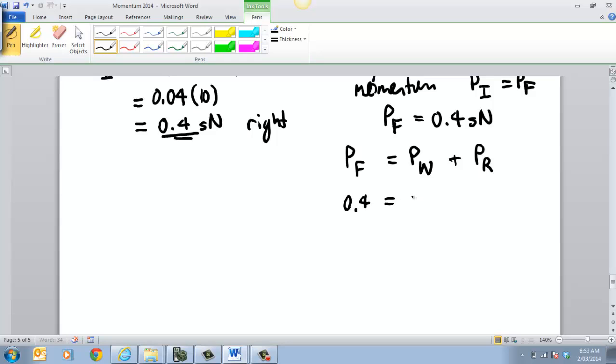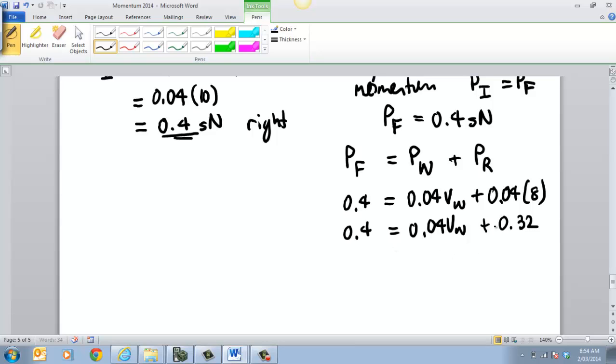We know this is 0.04 times the velocity of the white ball, plus 0.04 times the velocity of the red ball, which is 8, isn't it? So 0.4 is equal to 0.04 VW plus 0.04 times 8, which is going to give me 0.32.